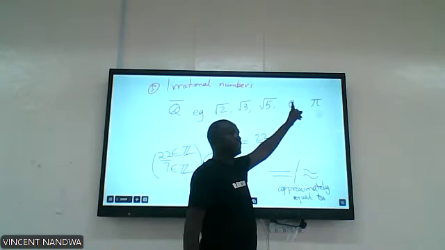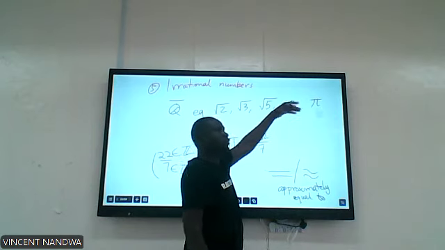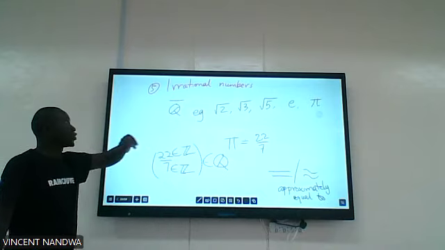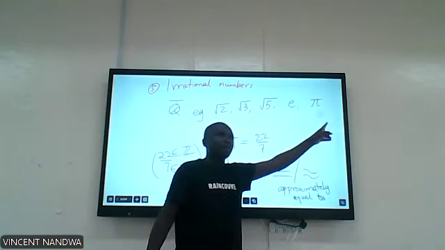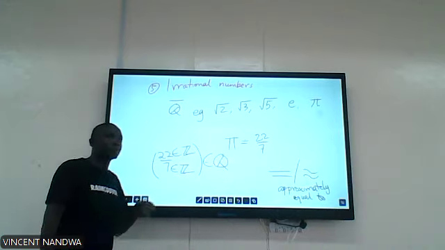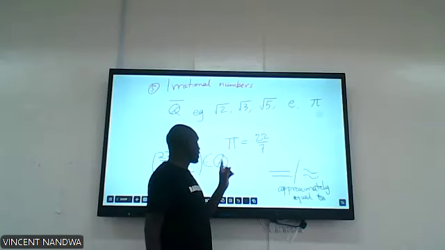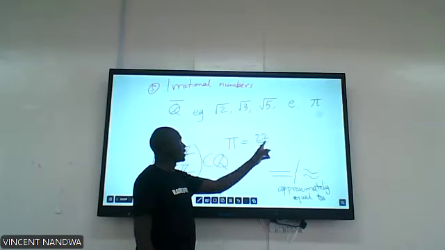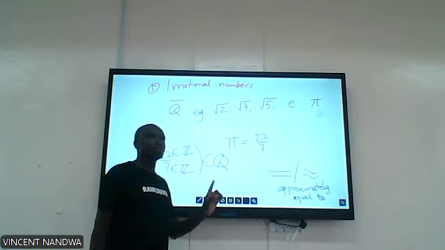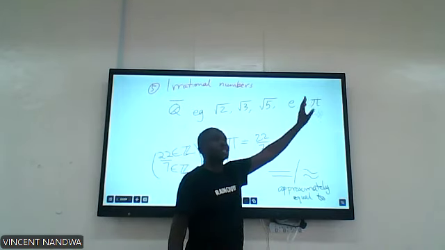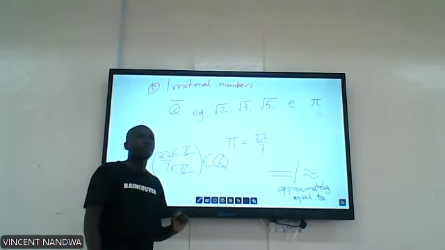Then this number e, which we will meet at a later stage, which has a rough value of 2.7 something, is also in this set, as numbers here cannot be written as a quotient of two integers. So when you write 22 over 7, it is a rational number, but it's not exactly the same value as pi. When you are doing the classification, the exact value of pi is pi in notation form, and 22 over 7 is an approximation.